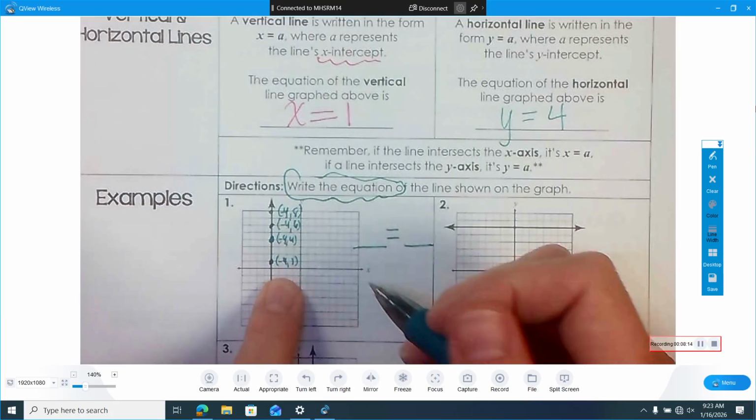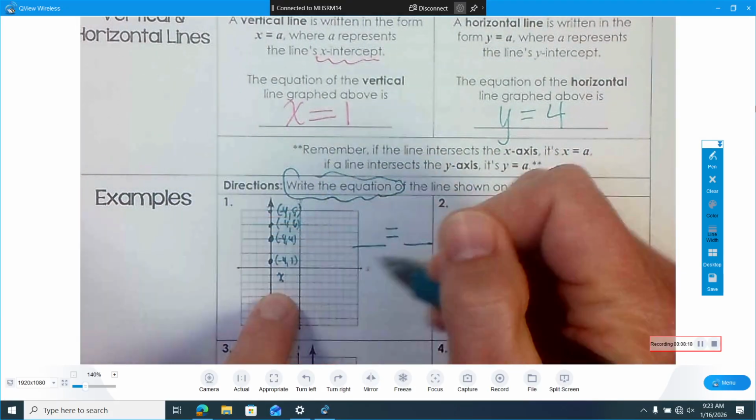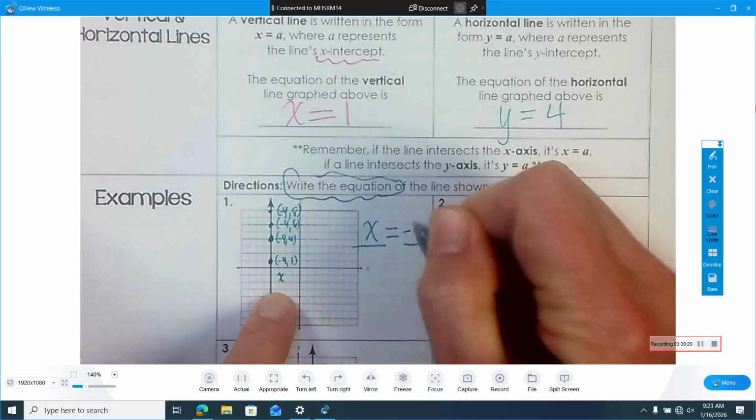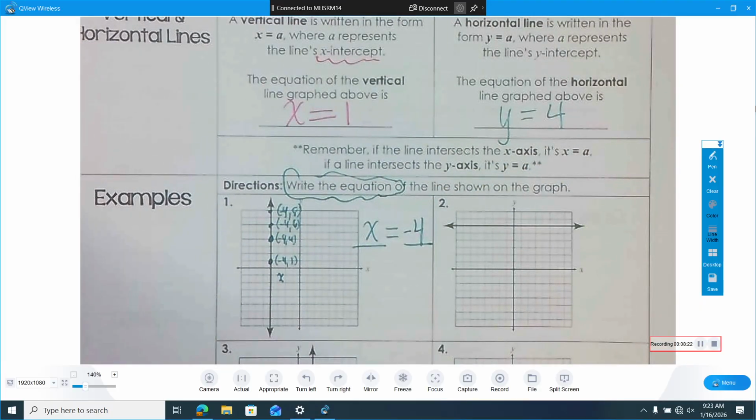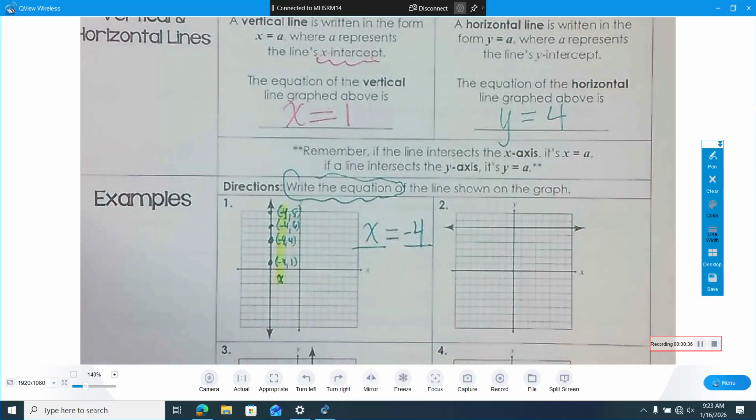Yeah, remember, these are ordered pairs x, y. And because the x is all the same, we get x equals -4. The x matches on all of those ordered pairs. So that is a perfect equation. X equals -4. Does that make sense to you? Because I don't like you to memorize stuff. I like you to think it through.